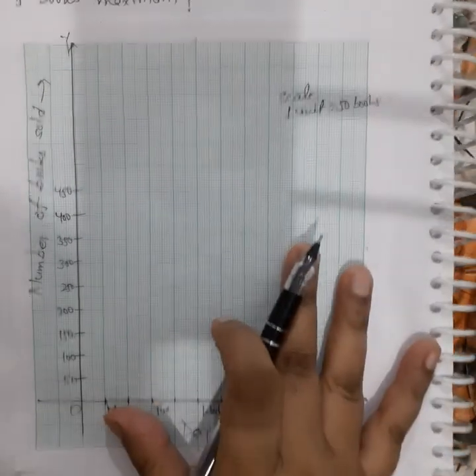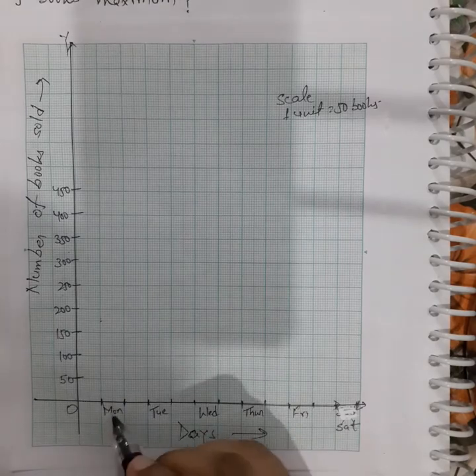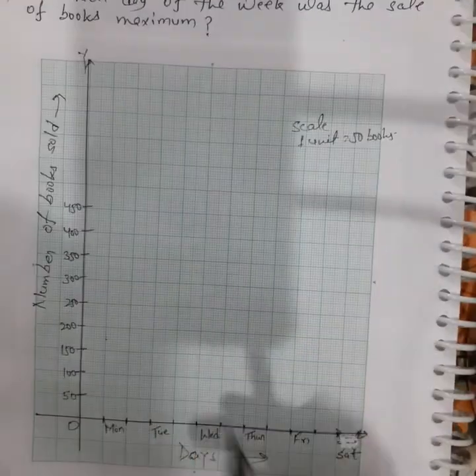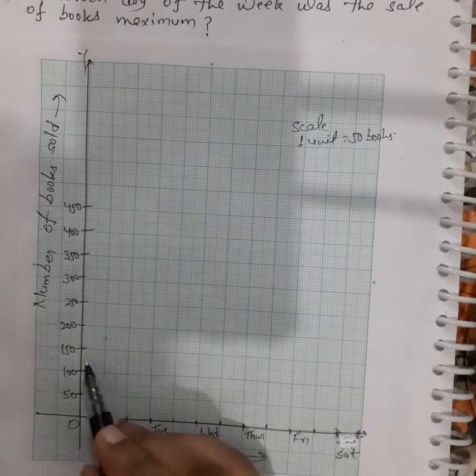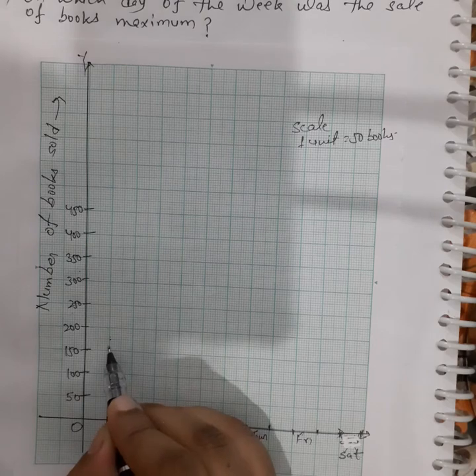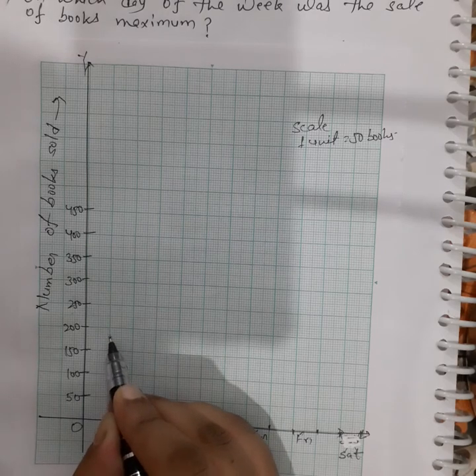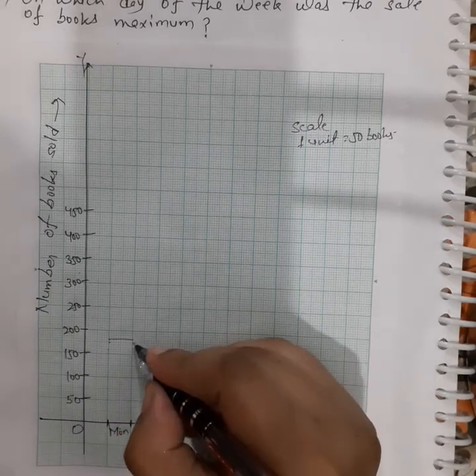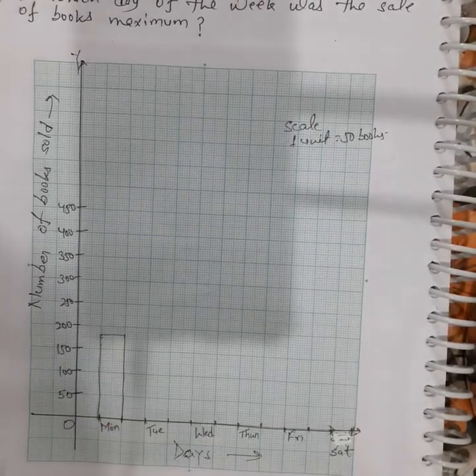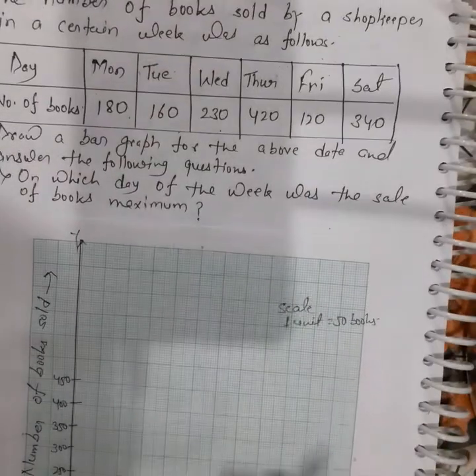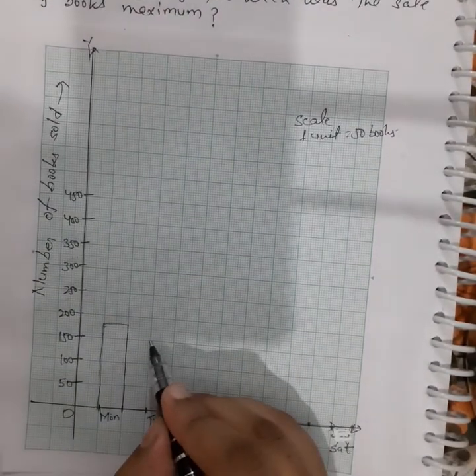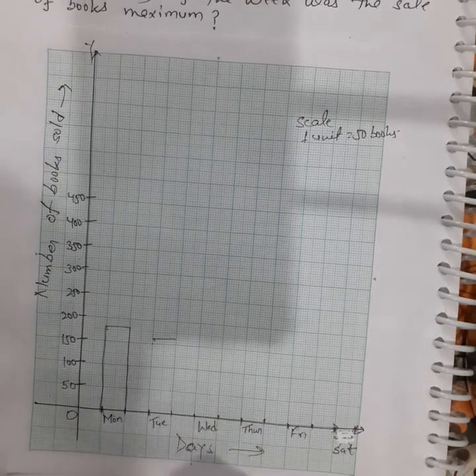Okay. So first we have to mark, on Monday the shopkeeper sold 180 books. Where is 180? This is 150, then 160, 170 and 180. This is 180. Now make the bar. Next, on Tuesday he sold 160 books. This is 150, 160.